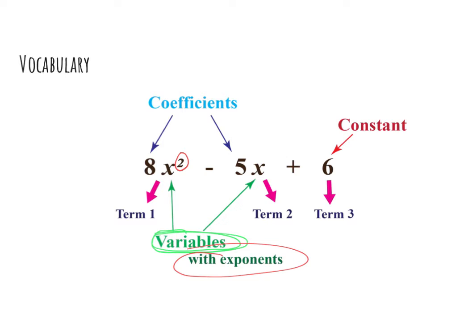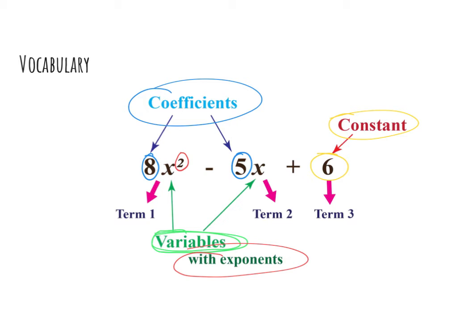A coefficient is just a number in front of a variable. So 8 is a coefficient, 5 is a coefficient. Because 6 has no variable attached to it, that is a constant, meaning the number is all by itself.